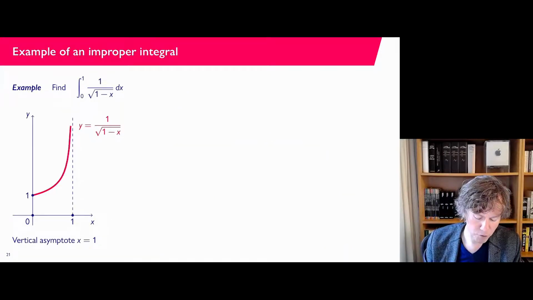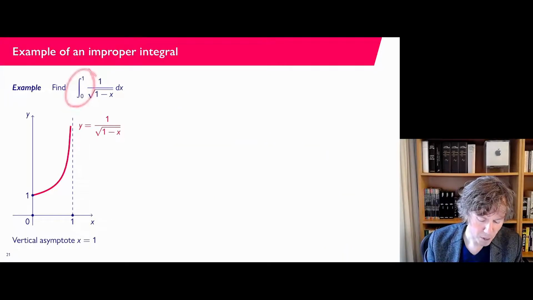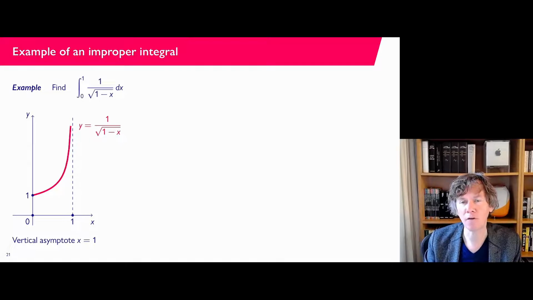So here we have the integral from 0 to 1 of 1 over the square root of 1 minus x. Now, the reason that you have to be a bit careful here is that at the right point, for x equals 1, you get division by 0.